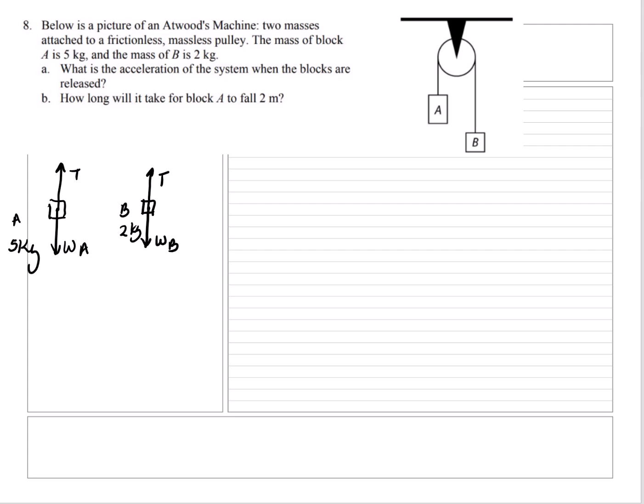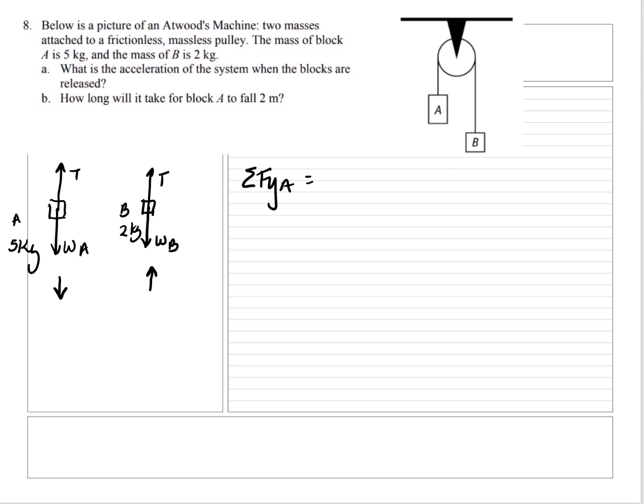By just thinking logically, we know that A is going to go down and B is going to go up. Now I'm going to write a summation y equation. So for summation Fy for A, the direction we are moving, we are going to make positive.